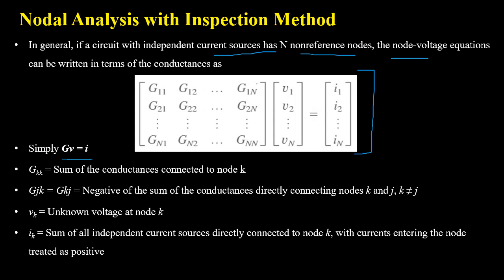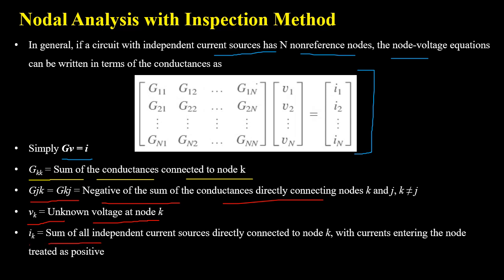Here all the diagonal terms are the sum of conductances directly connected to node K, whereas all the off-diagonal terms are the negative of the conductances common between node K and node J, and K is not equal to J. Vk represents the voltage of the corresponding node, whereas Ik represents the sum of all the independent current sources connected directly to node K, and current entering the node is taken as positive.